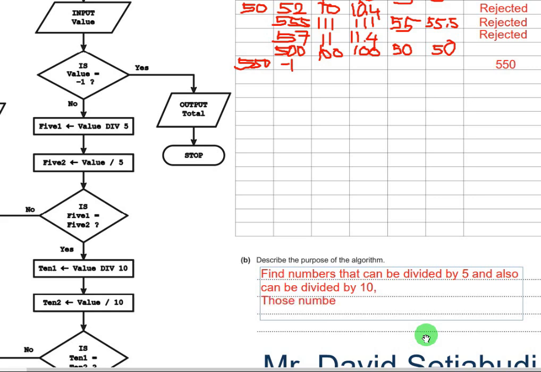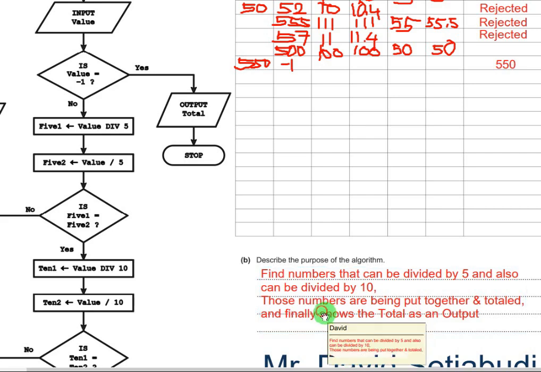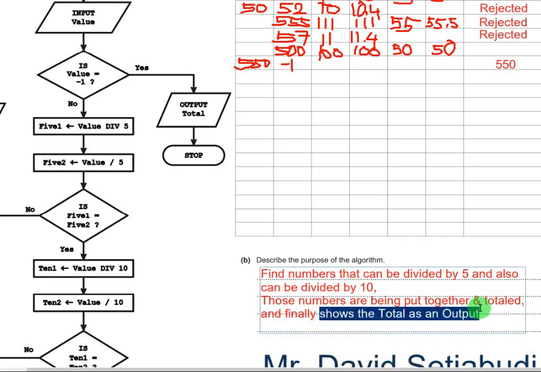Those numbers are being put together and totaled, and finally shows the total as an output.